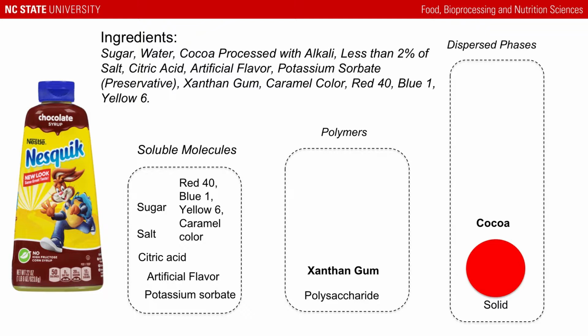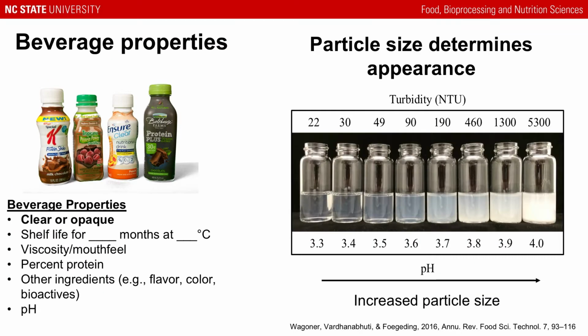Yeah, it's a preservative so that when you're having it out, it's inhibiting growth. Okay, if we go, the polymer is xanthan gum. Okay, we'll talk about why that's in there. And our dispersed phase are cocoa solids. So you can take any beverage and pretty much break it down to some elements.